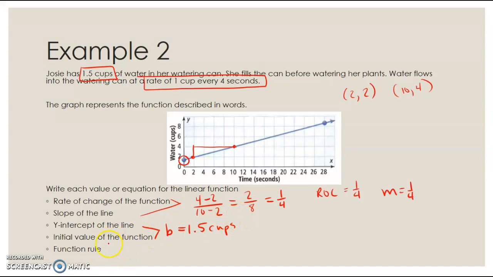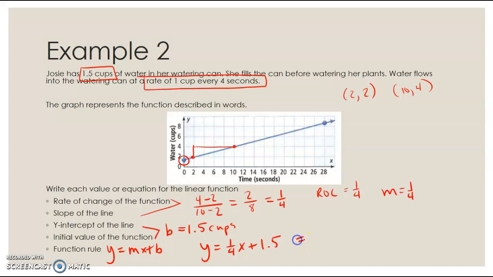Now it wants the rule. Well, we write function rules of the form y equals mx plus b. So I know my m is 1/4. y will equal 1/4 x plus, and then my b is 1.5, so 1.5.